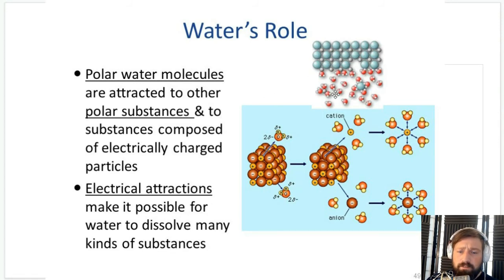Those charges are very strong on either end, so it can actually go in and start interacting with a whole bunch of other material. So anything that has a charge to it, so polar molecules and ionic molecules, are going to be soluble in water for the most part. There's exceptions. We'll talk about that later on.